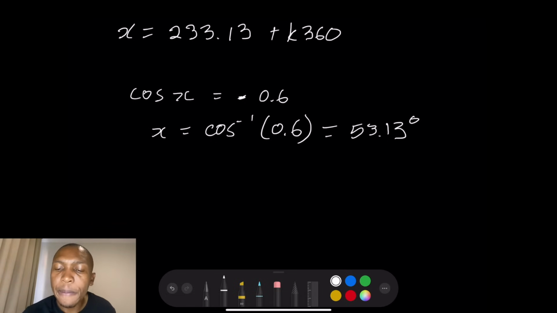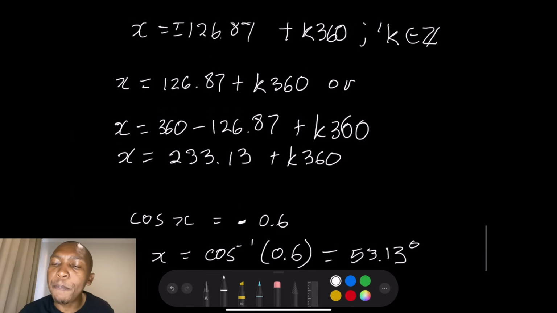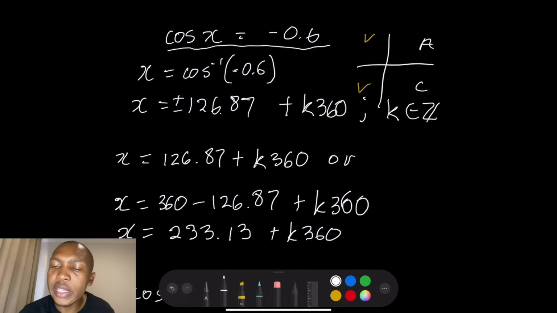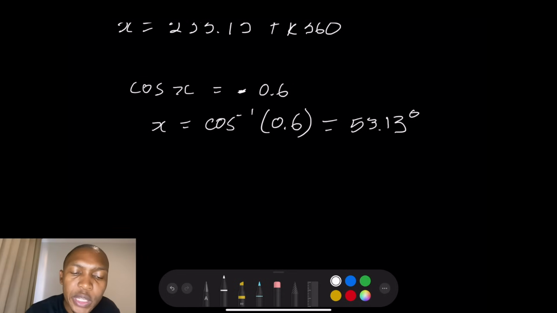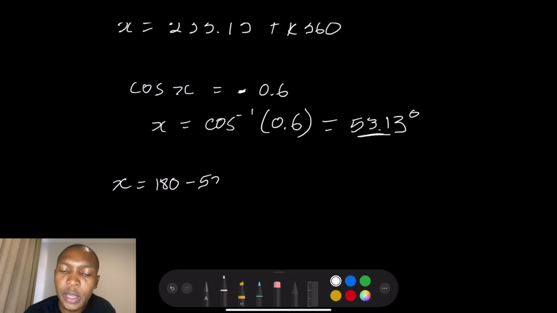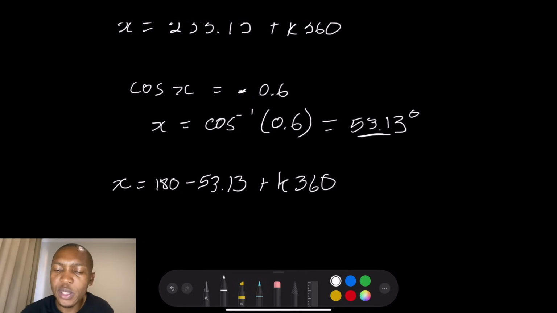Now, please, I want you to listen carefully. So in this case, that means that would be my reference angle in the first quadrant, right? But I know both my solutions are in the second as well as in the third quadrant. So for the solution in the second quadrant, I'm going to say, well, it's going to be 180 minus my reference angle. And what's my reference angle? 53.13, of course, plus k360, because we have to write all of this.